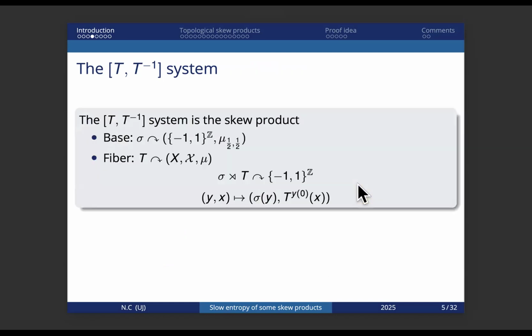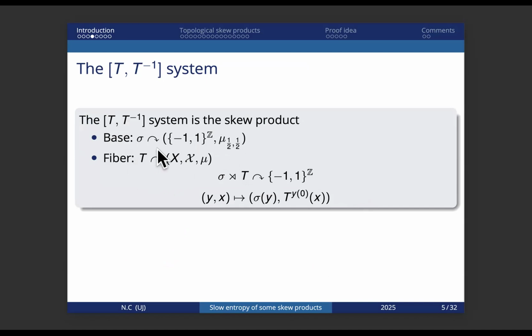So a slightly more formal definition is that this system is a skew product of the Bernoulli shift action on this space of sequences with the uniform measure.